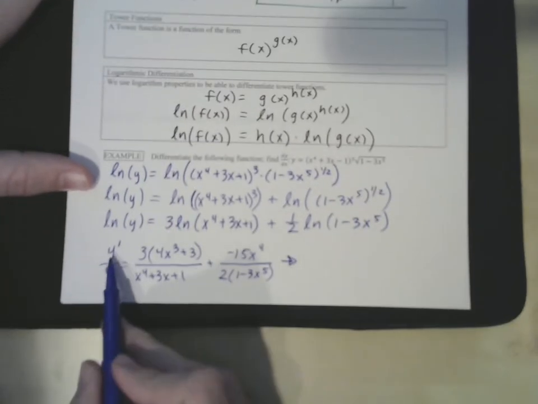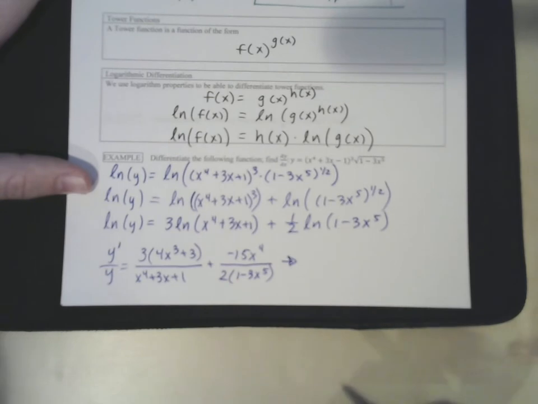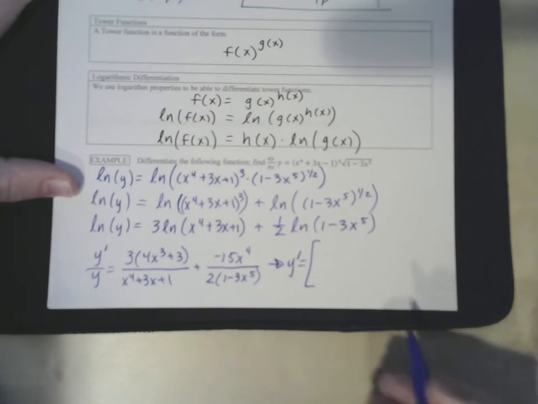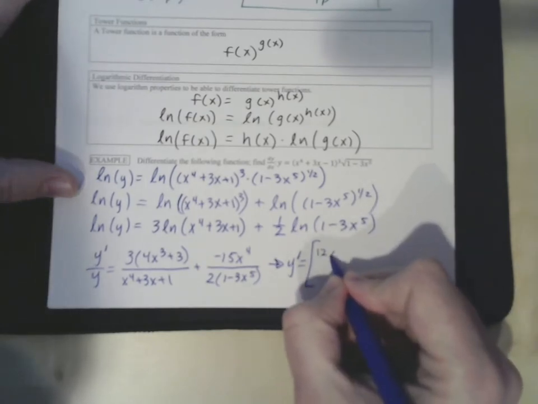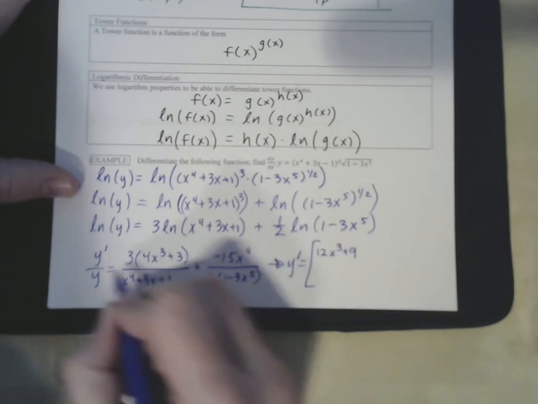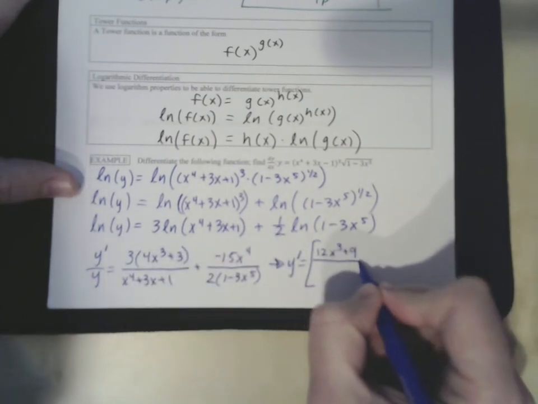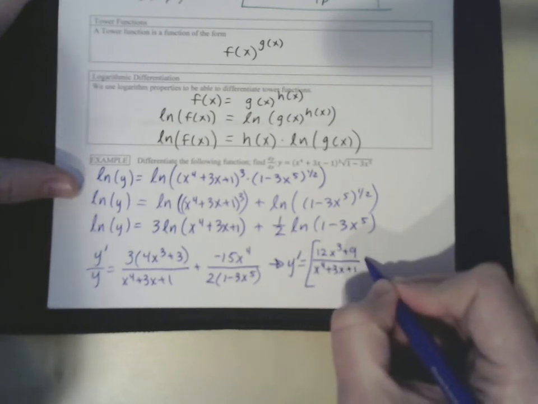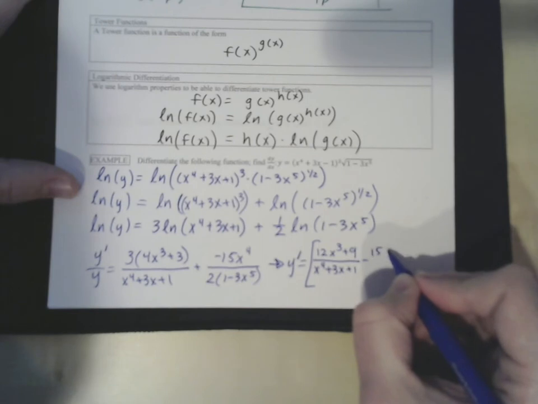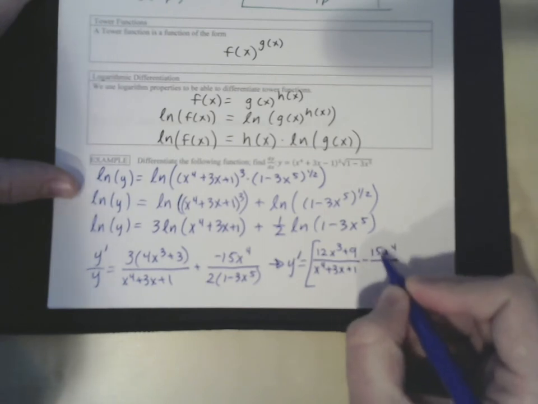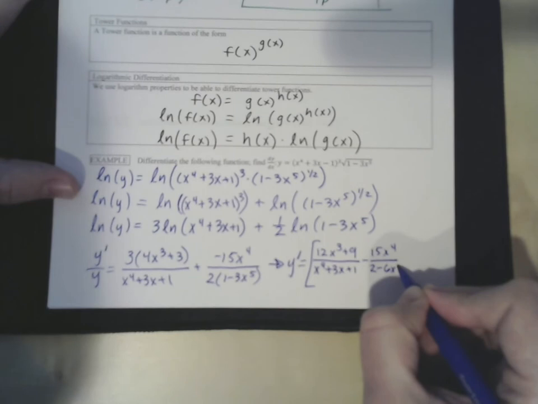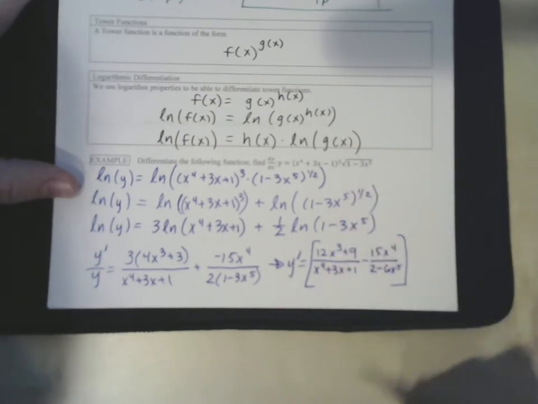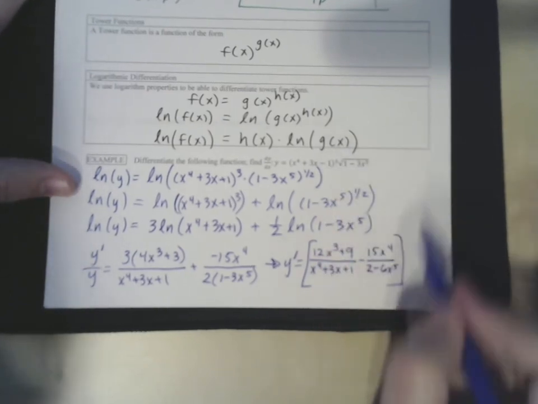And the last step is to solve for y prime, because we always solve for y prime. So y prime is going to equal, put some big brackets here, 12x cubed plus 9, distributing this 3, over x to the fourth plus 3x plus 1, minus 15x to the fourth over 2 minus 6x to the fifth, distributing the 2, and then times the original y, which is this wonderful thing.